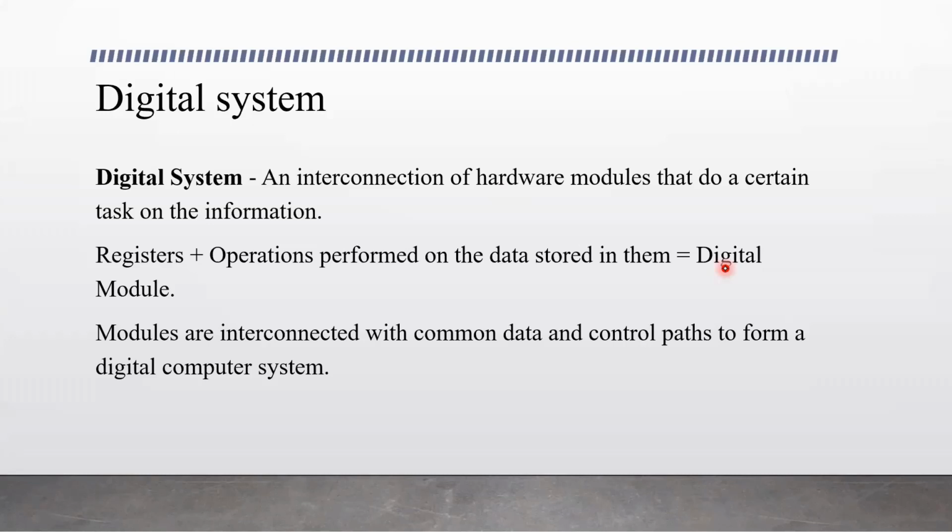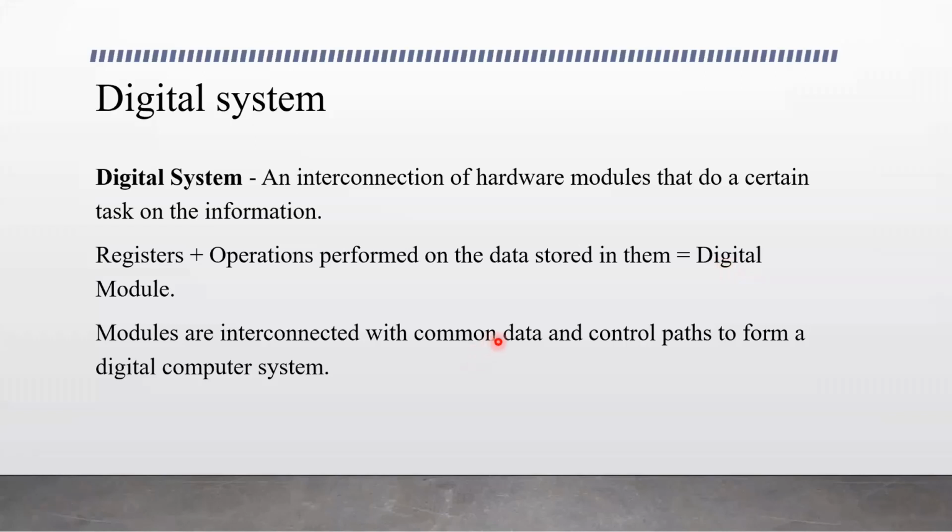A digital module is the combination of the registers and the operations. The data is stored in the registers, and there are operations, information processing, some operations performed on the data. So the registers the module contains and the operations performed on the data stored in the registers define the module.